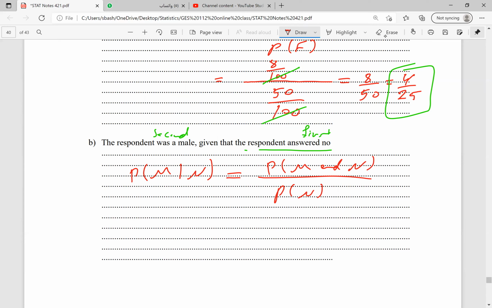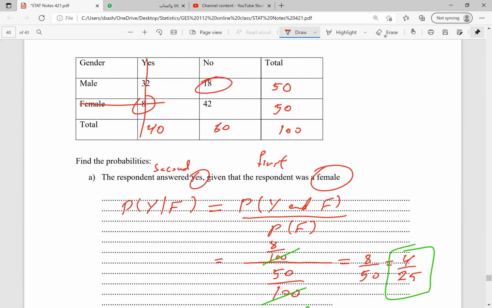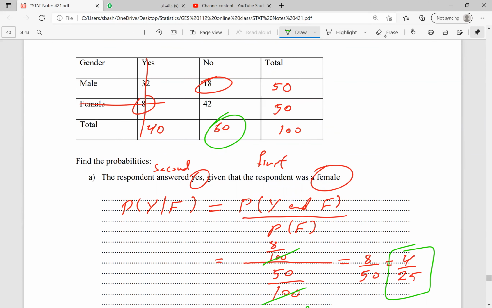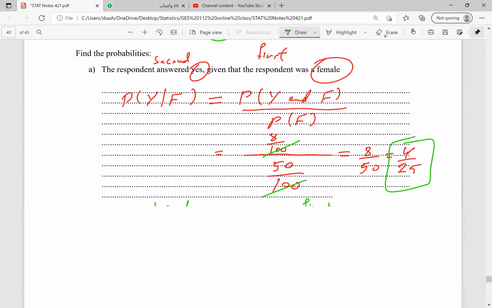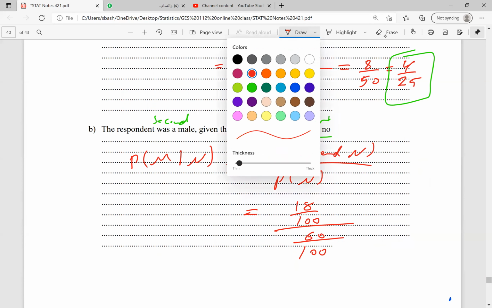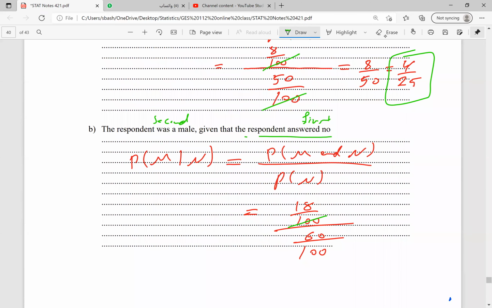Male and no, it is this one, 18. And we have 60 people who said no. So this is equal to 18 over 100 divided by 60 people who said no out of 100.